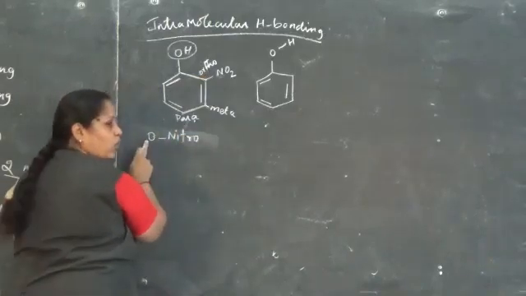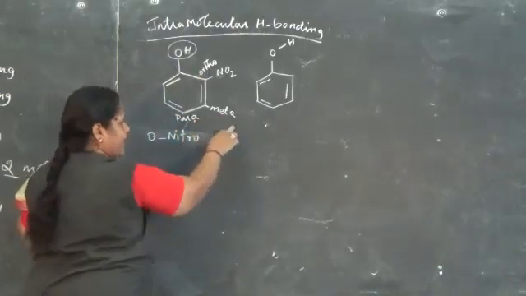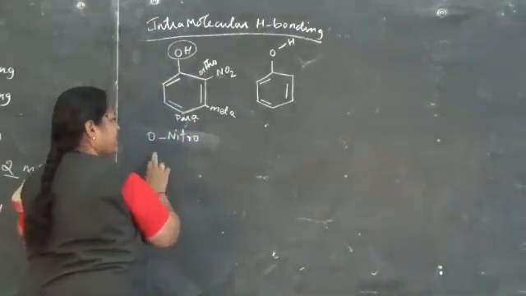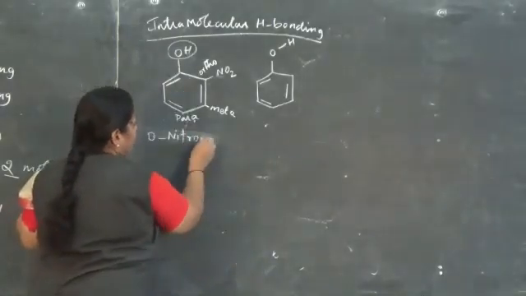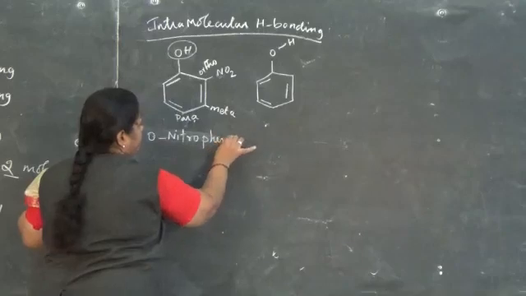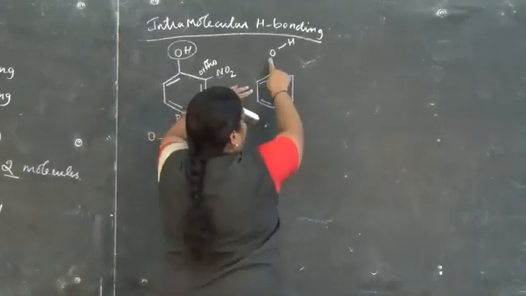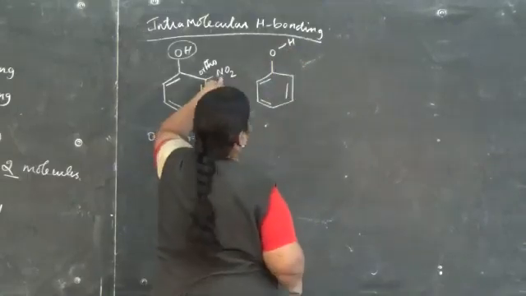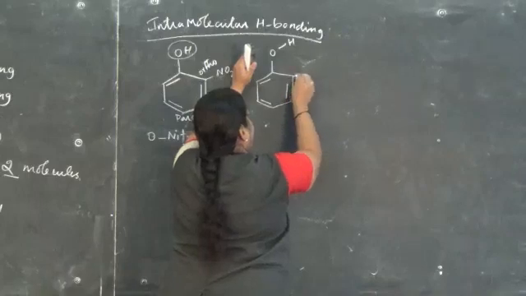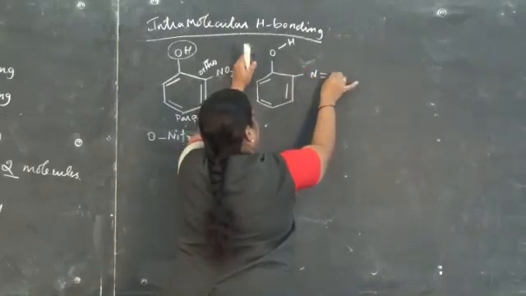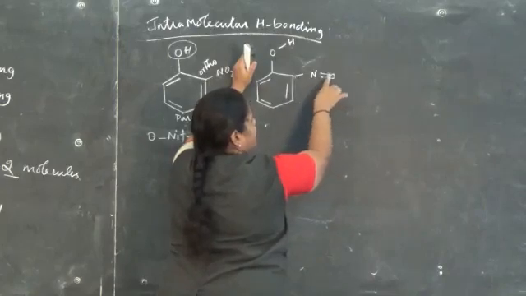Ortho, I mentioned O. O indicates ortho. If I write M, that is meta. I write P, that indicates para position. The structure of ortho nitrophenol: a 6-member ring structure along with the functional group OH and one more functional group, NO2. In NO2 I write N. Valency here for nitrogen is 3, oxygen valency 2.